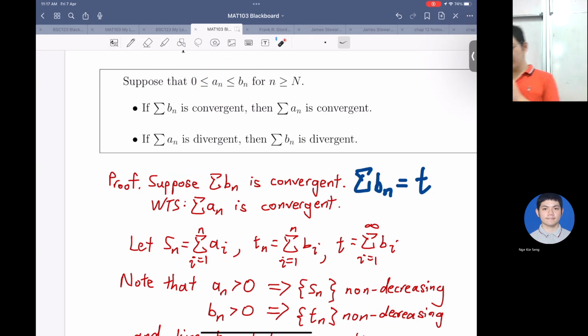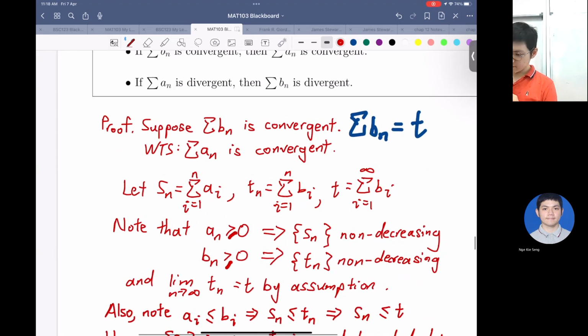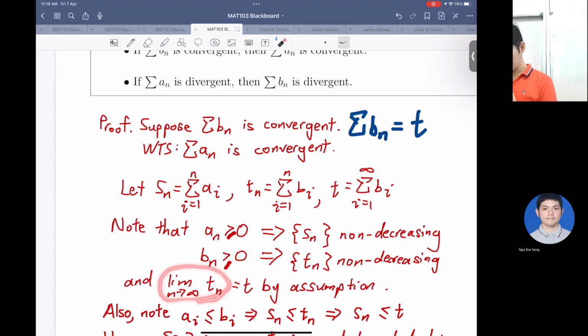In particular, since every term is positive, Sn and Tn are non-decreasing, because you add either 0 or some positive number. So the partial sums always form a non-decreasing sequence. Make sense? So the limit of Tn is T, because it converges to some number.